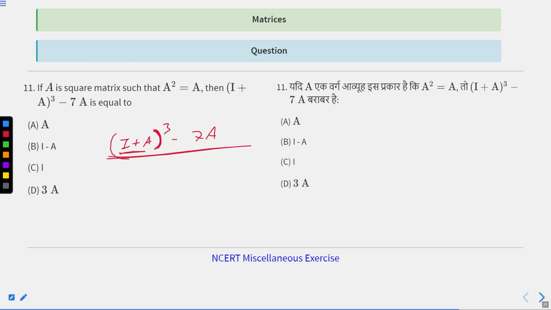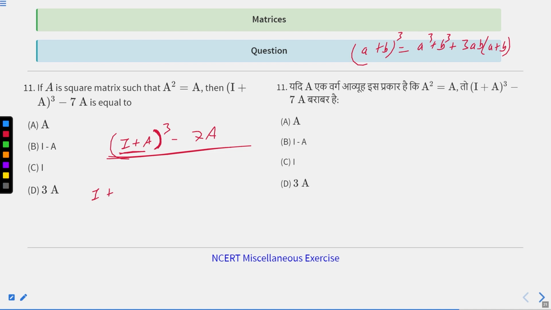I am using the formula (A plus B) whole cube equals A cube plus B cube plus 3AB times (A plus B).